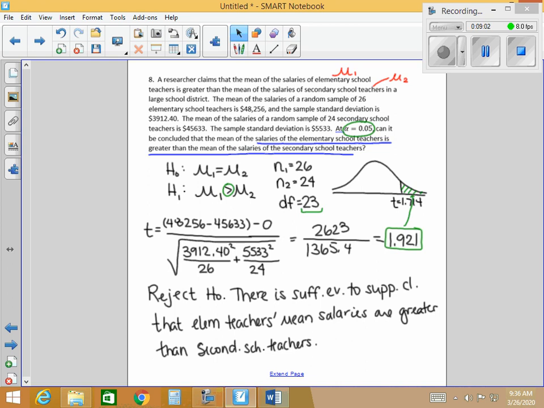We're saying on average, the population mean, if I look at all of the elementary school teachers and find their mean salary, it's going to be greater than the mean of all the secondary school teachers' salary.